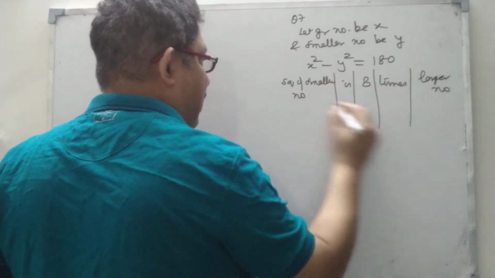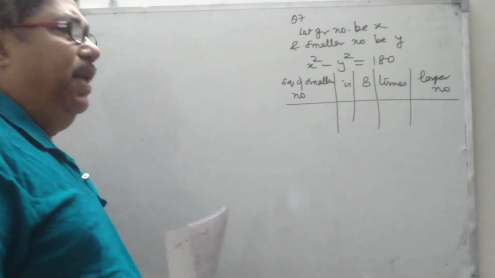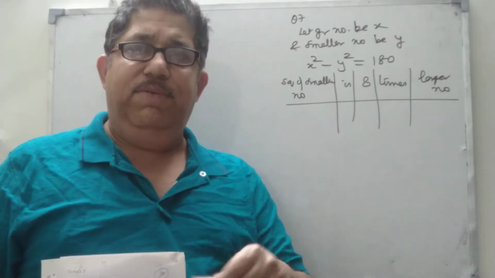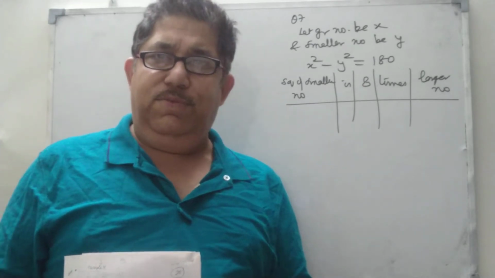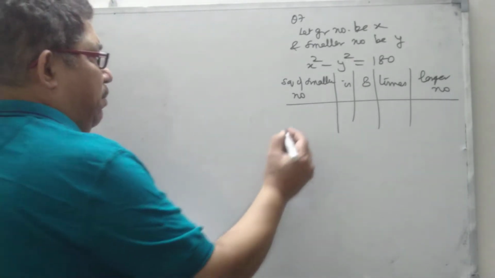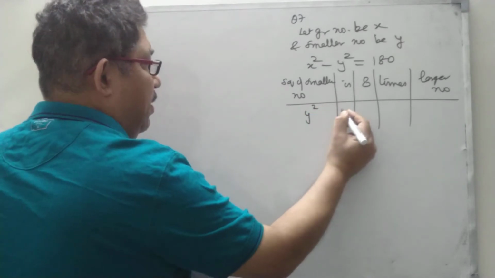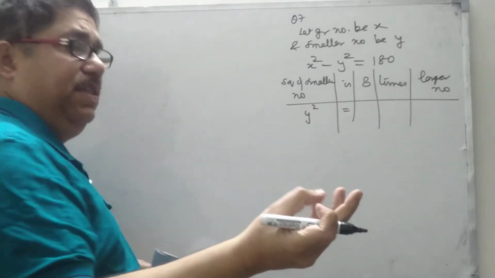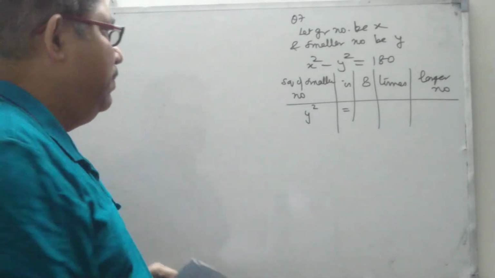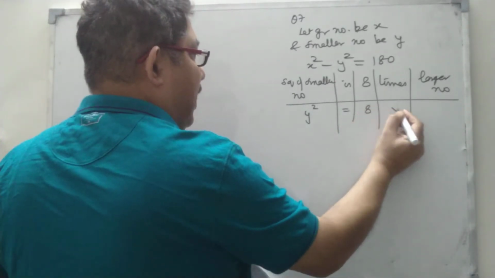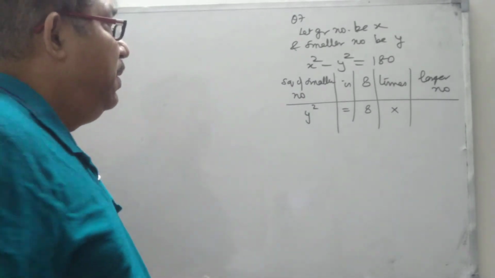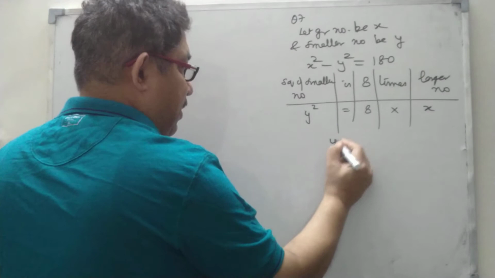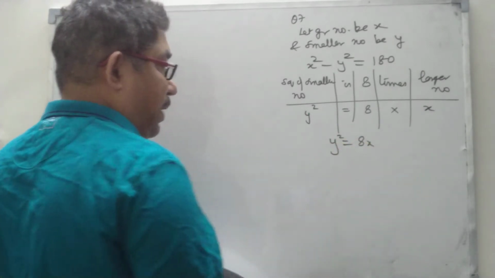Again, you see I have sliced that phrase into some keywords, and I will be able to make an equation out of this. Square of the smaller number, y square. Y was the smaller number, so square of smaller number is y square. Is, was, will be equal to 8 times means multiply. And larger number, what was the larger number? Larger number was x. So y square is equal to 8x.